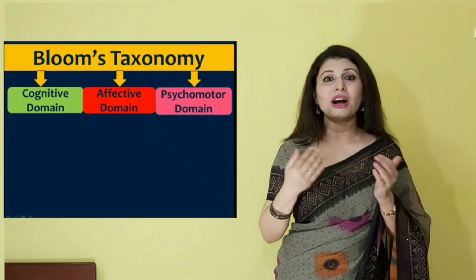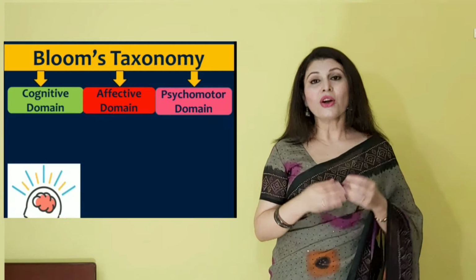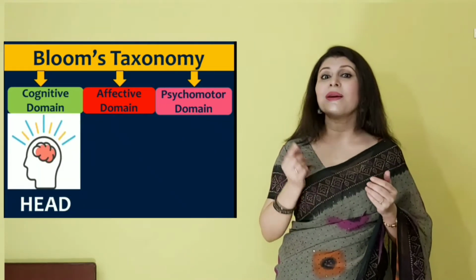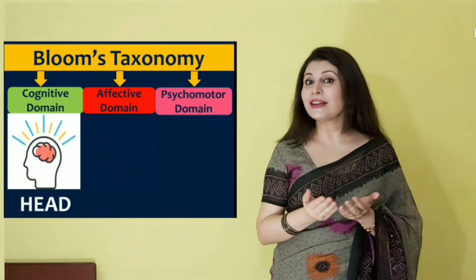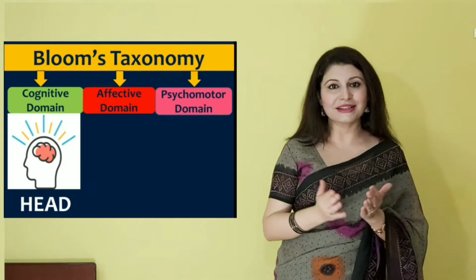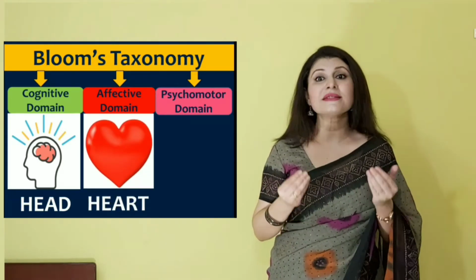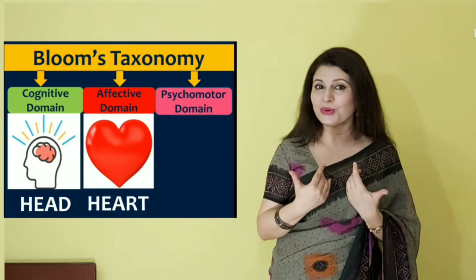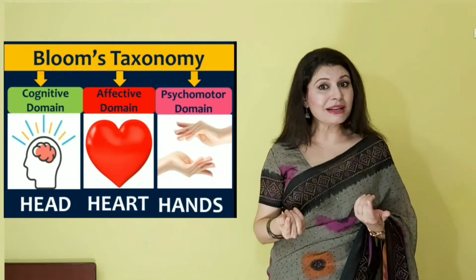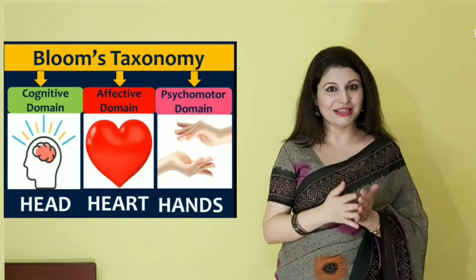As we have already discussed Bloom's taxonomy in our previous videos, we already know that there are three domains of learning, which are cognitive, affective and psychomotor. Cognitive domain is related to our mind, which means it is related to our thinking and reasoning skills. Affective domain is related to our feelings and emotions, and psychomotor domain is related to our physical activities.